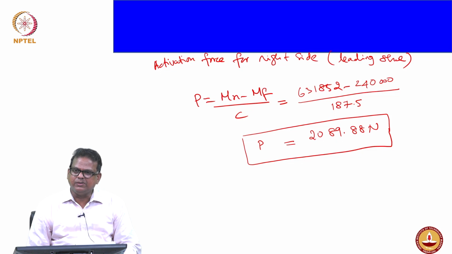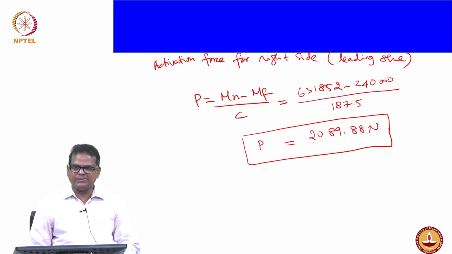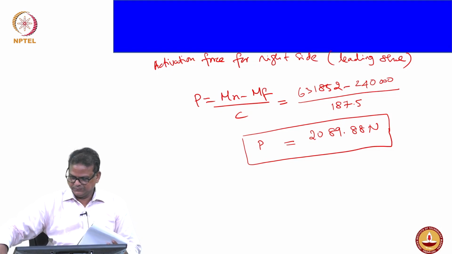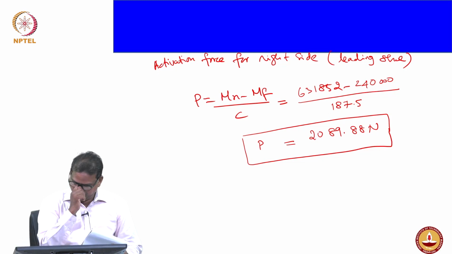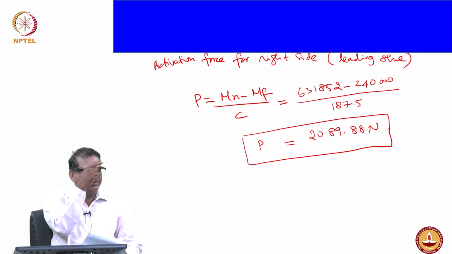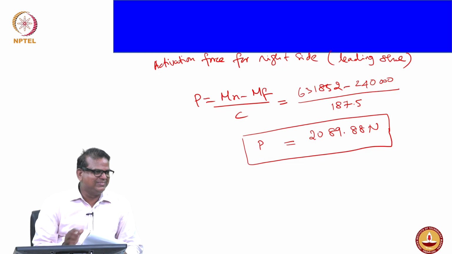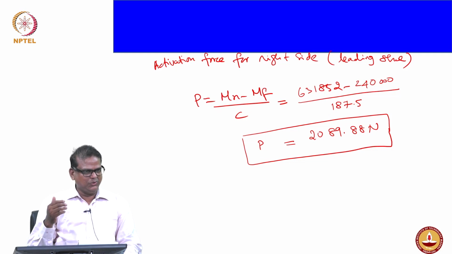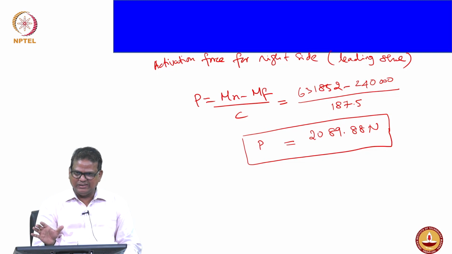The third question: the pressure is given, that is the maximum pressure you would experience at the interface between the lining and the drum surface. Would you expect the same pressure to occur on the trailing shoe? So, how to proceed? You understand my question? Do you expect the activation force to be the same for trailing and leading?